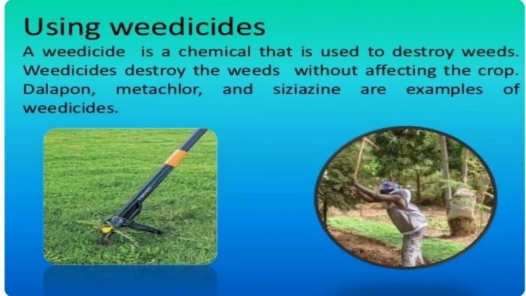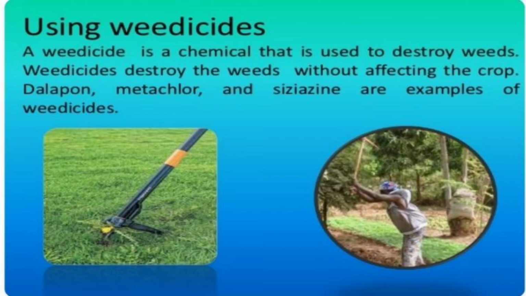Next we have using weedicides. A weedicide is a chemical that is used to destroy weeds. Weeds are bad because they compete with our crops, so we need to control them.